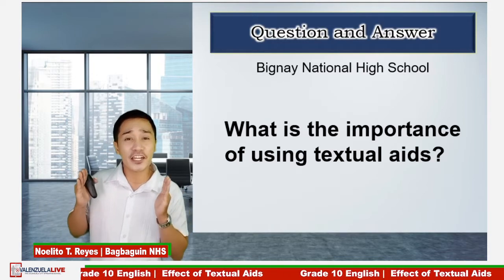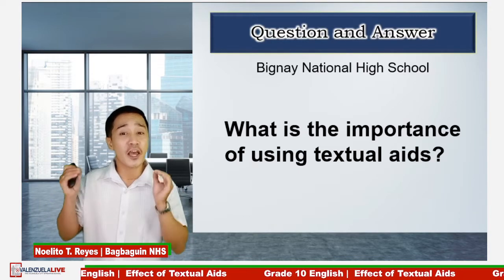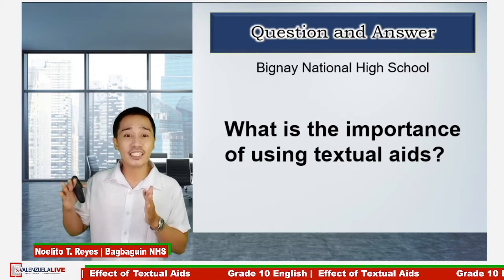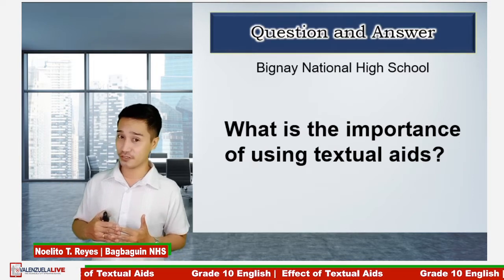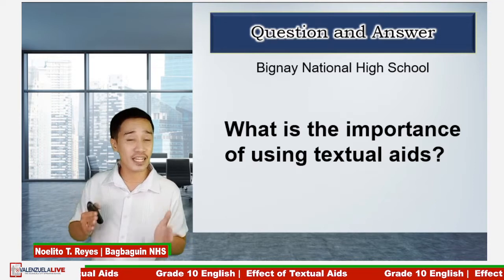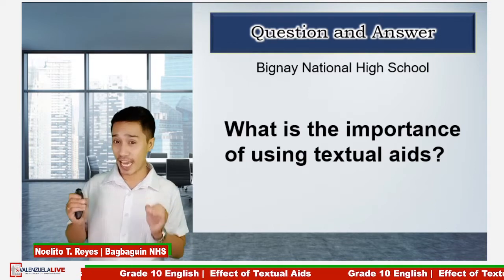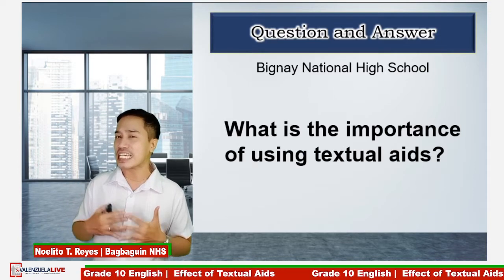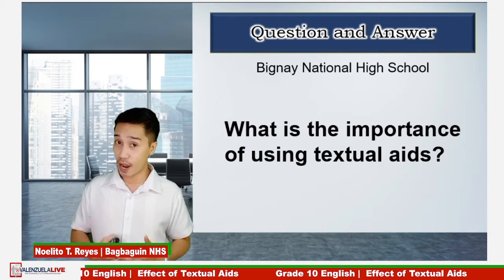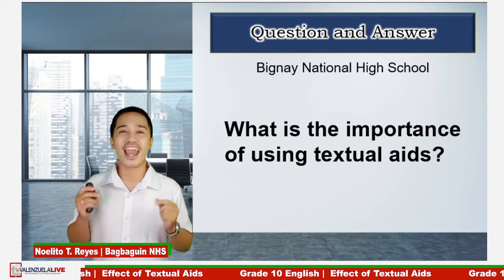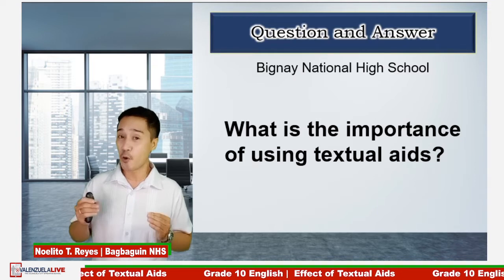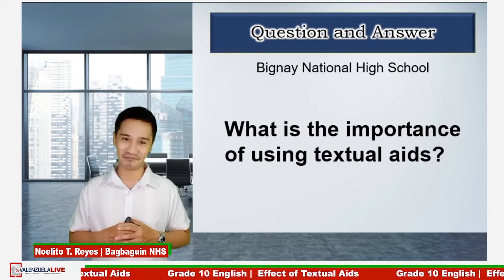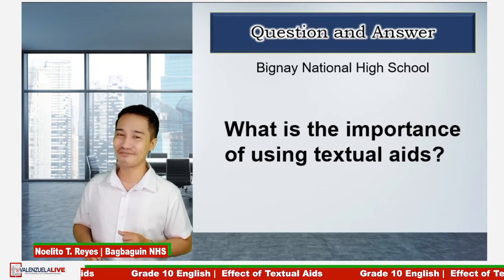Additionally, they assist readers enhance their learning as they read through the material. Remember that text features or textual aids will make it easy for students to memorize, remember, and learn important words more quickly and easily. So keep them handy.